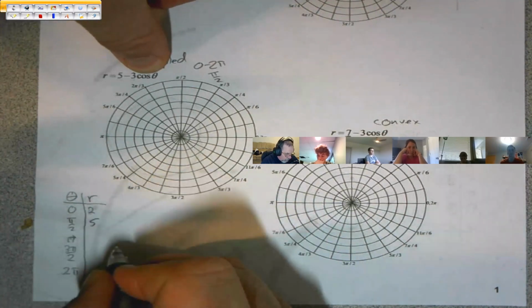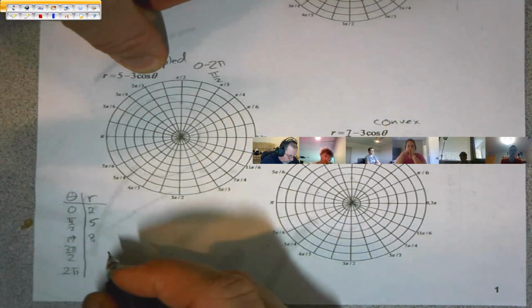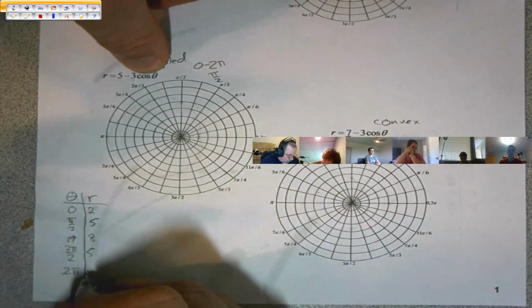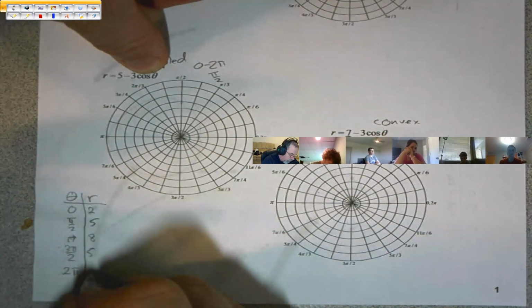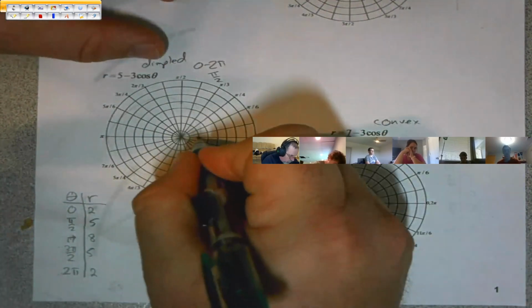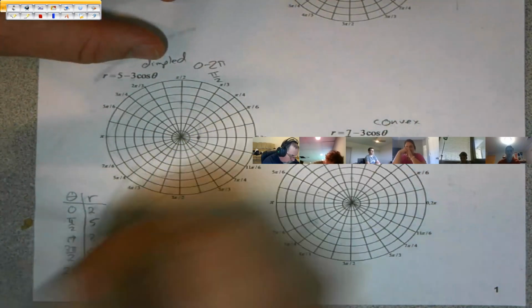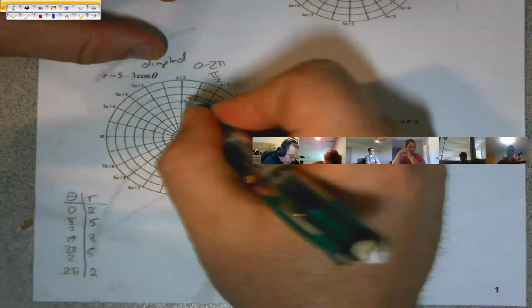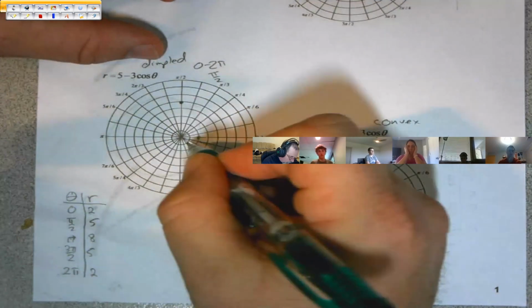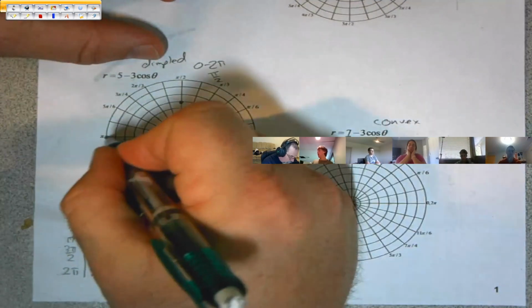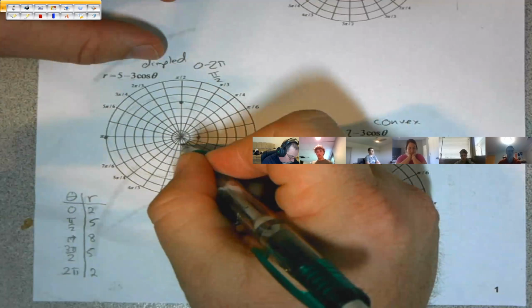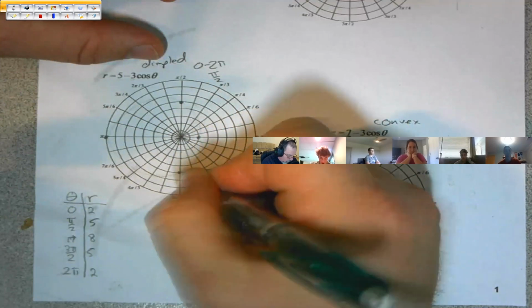Cosine of pi is negative 1, that's 8. Cosine of 3 pi over 2 is 0, so that's 5. And then cosine of 2 pi is 1, so we're back to 2. So 0 is 2. Pi over 2 is 1, 2, 3, 4, 5. Pi is 8. 3 pi over 2 is 1, 2, 3, 4, 5. And there we have the 4 points.